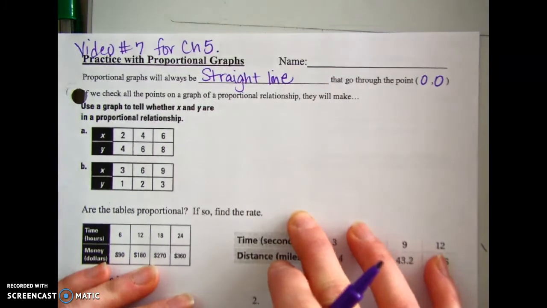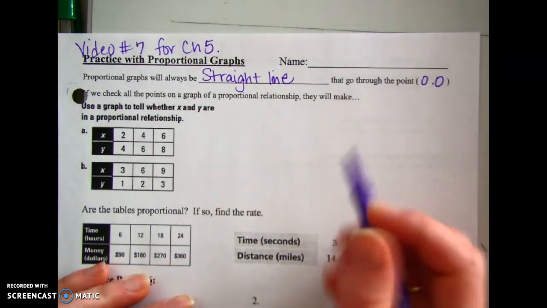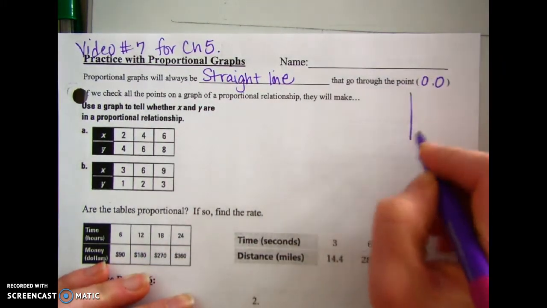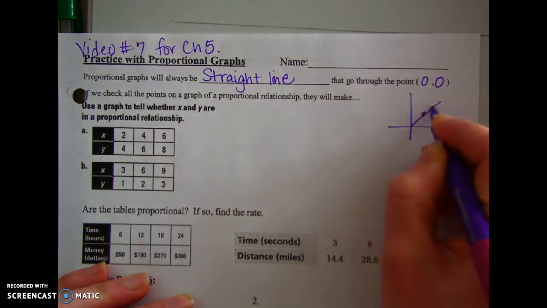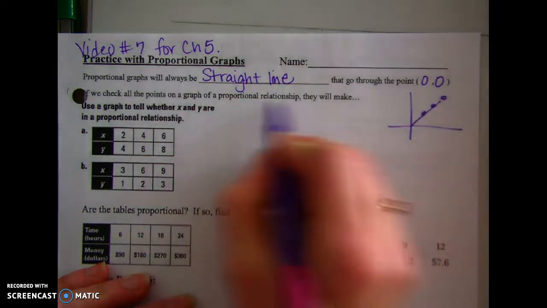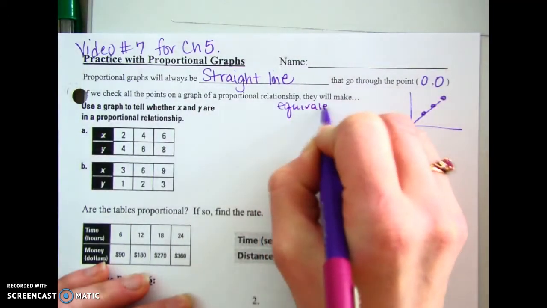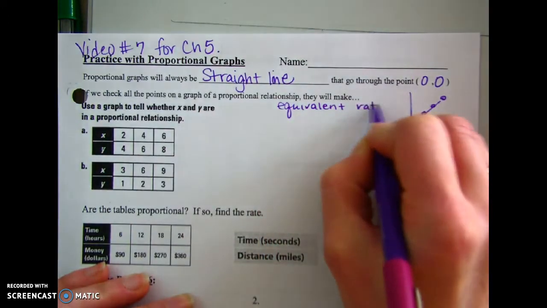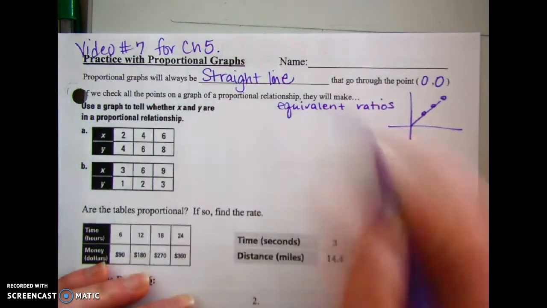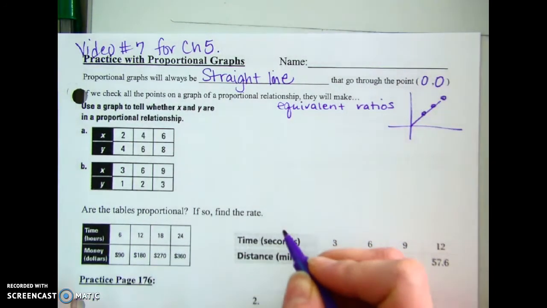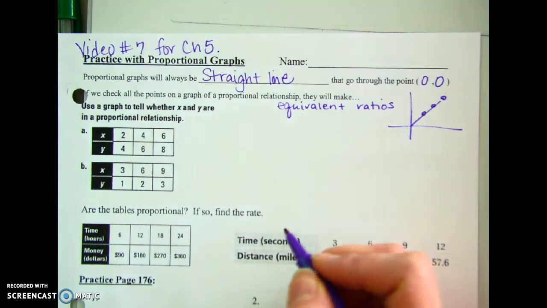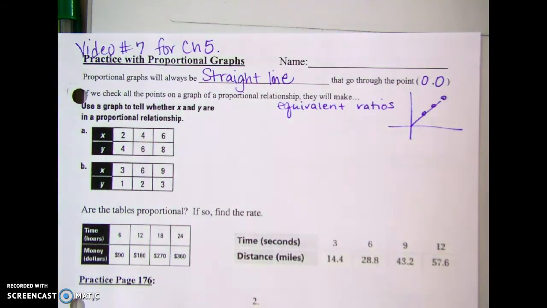We also know that if we check all the points on that graph, all of those will make equivalent ratios. We know that from what we've done already in this chapter. If they're proportional, all the ratios are going to be equivalent.